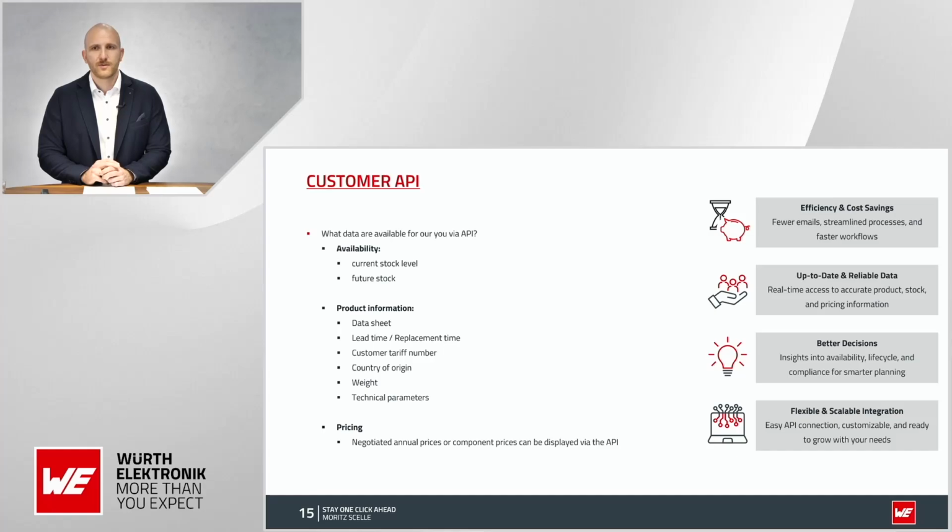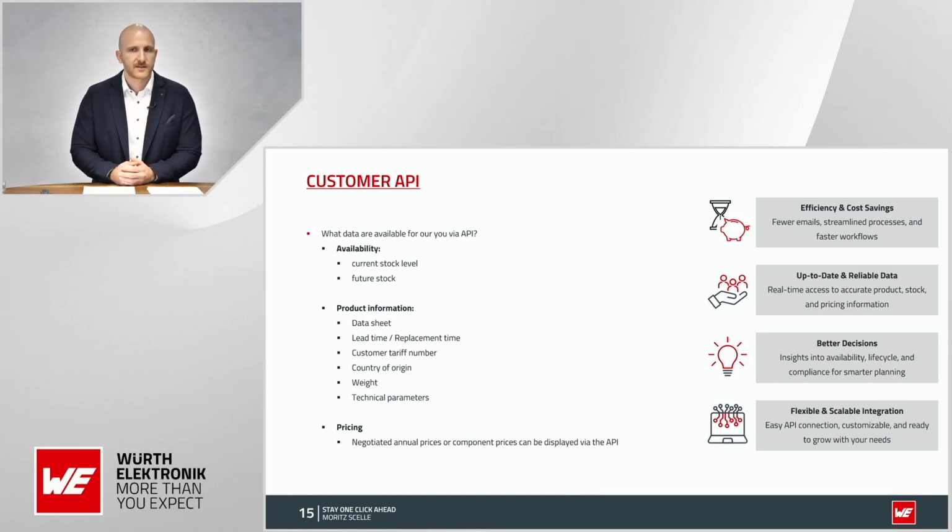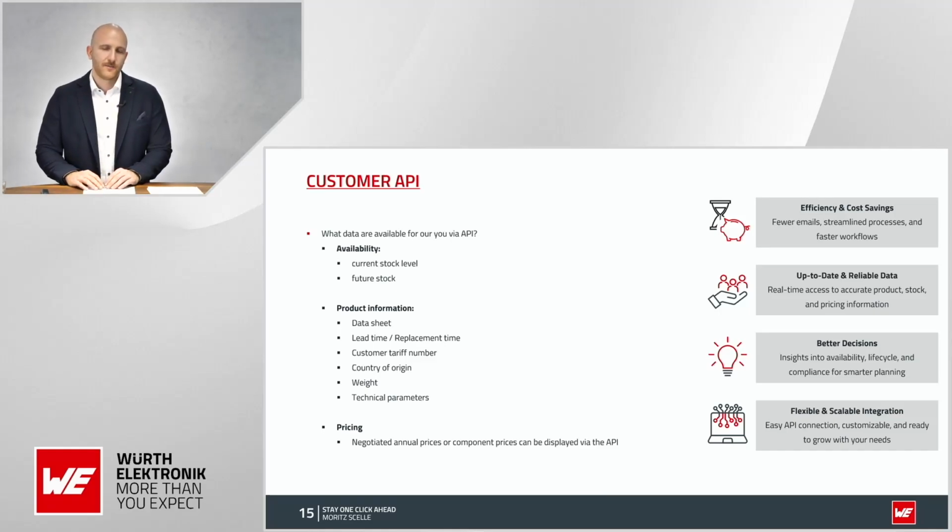The data is always up to date, so you get the data in a few seconds, all about stock or product information, so no outdated data anymore on your side. Through this, you will make better decisions. Insights into our availability, lifecycle, and compliance for smarter planning will be the basis for your future procurements. And we have flexible and scalable integration: one connection is needed, and with this connection you can make thousands of requests a day just to check our stock, for example.